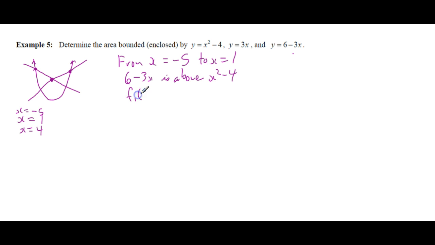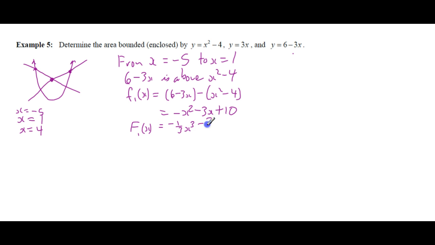So f1 of x is 6 minus 3x minus (x squared minus 4), or -x squared minus 3x plus 10, meaning F1 of x is -1/3 x cubed minus 3/2 x squared plus 10x.